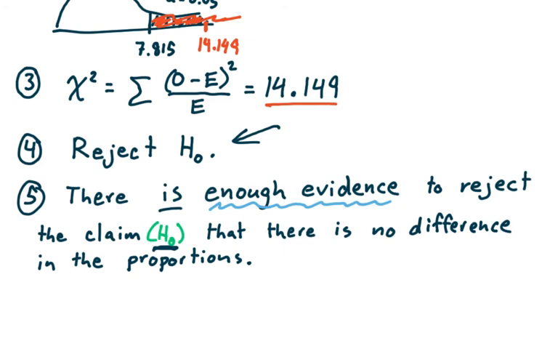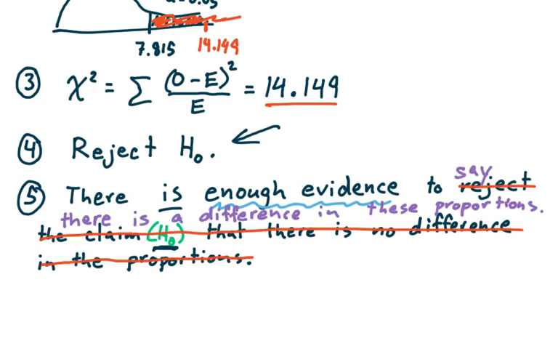You could also say there is enough evidence to suggest that there is a difference in these proportions. So if that double negative in there, not enough, there is enough evidence to say that there is no difference. You just say there is enough evidence to say that there is a difference, right?